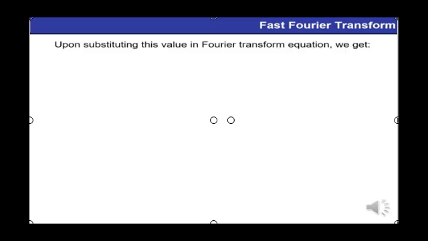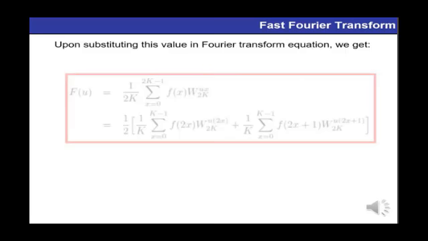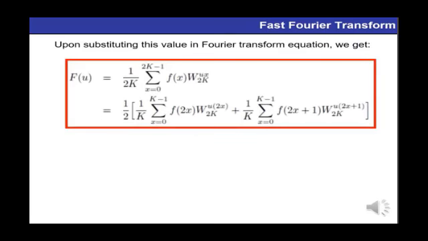On substituting this value in the Fourier transform equation, we get F(u) = 1/2K summation of f(x) W to the power ux to the base 2K, x equal to 0 to 2K minus 1.